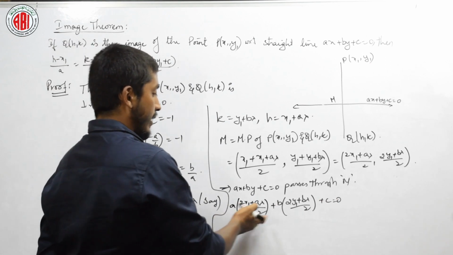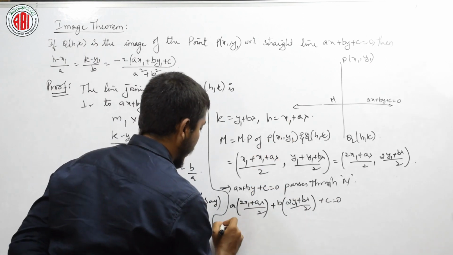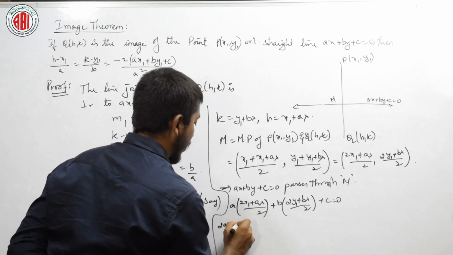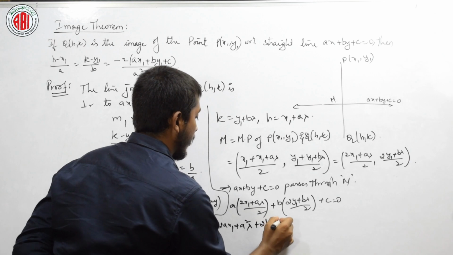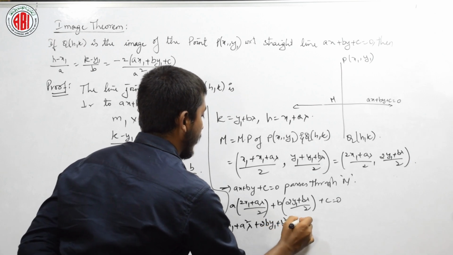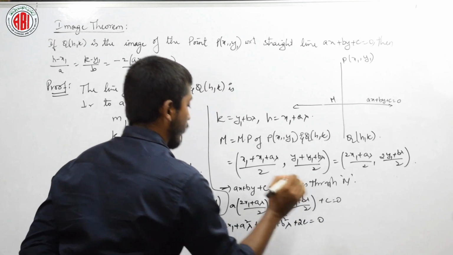Let us take the LCM as 2 and send that side. It becomes 2ax1 plus a square lambda plus 2by1 plus b square lambda plus 2c is equal to 0.